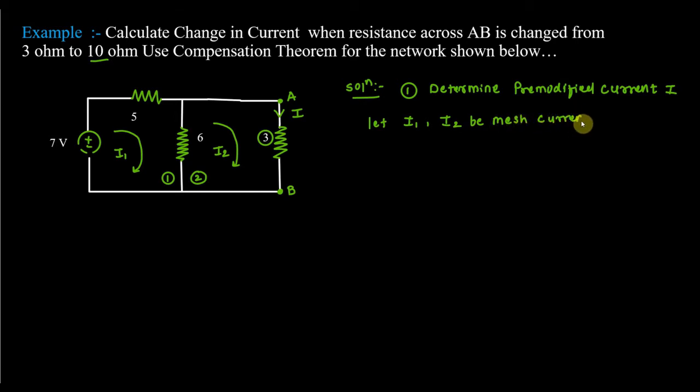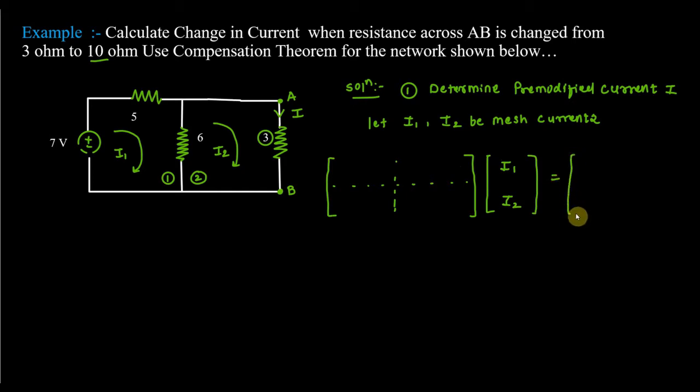Now simply write the mesh matrices and find the value of I2. The size of the matrices here is 2 by 2 because there are only two meshes, so we have four elements. Here we have the current matrix I1 and I2, and here we have the voltage.